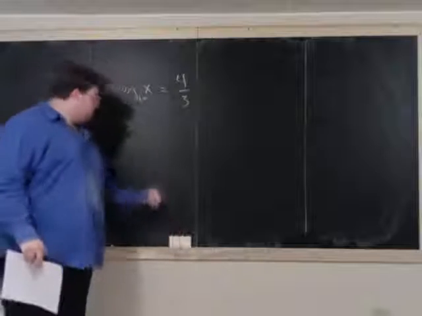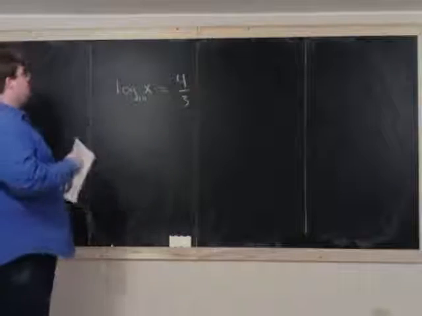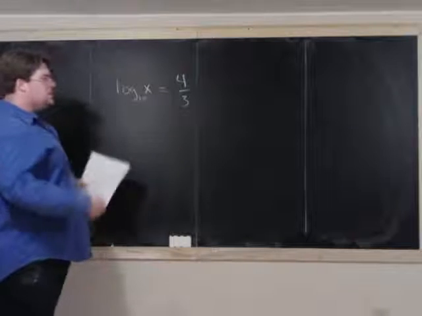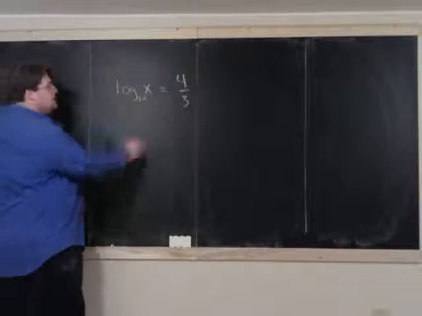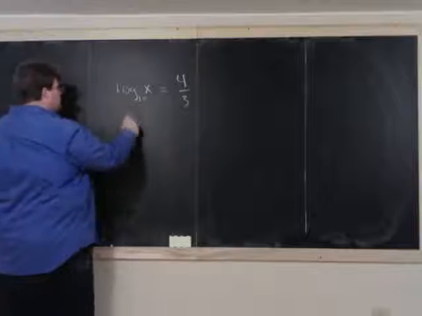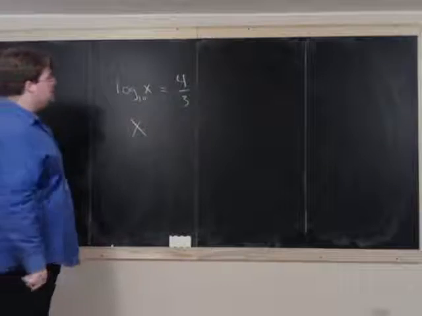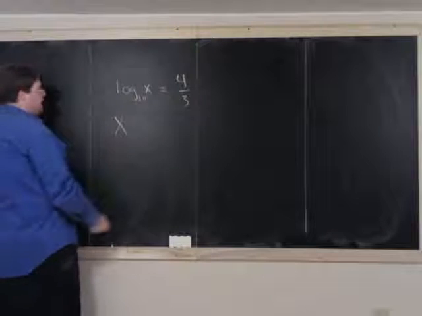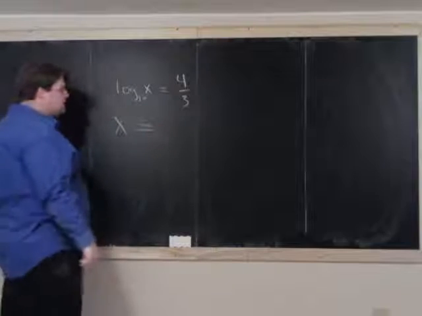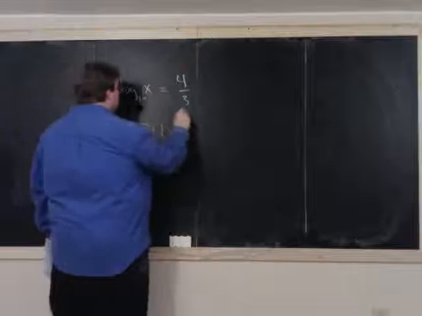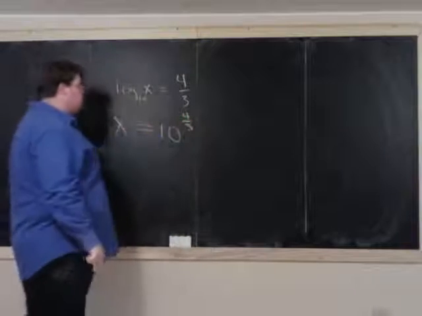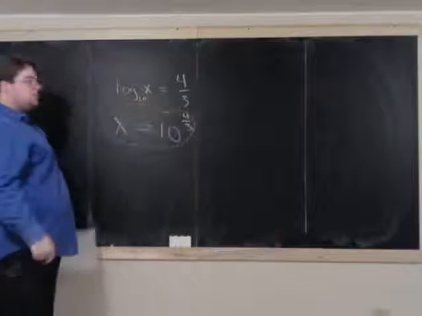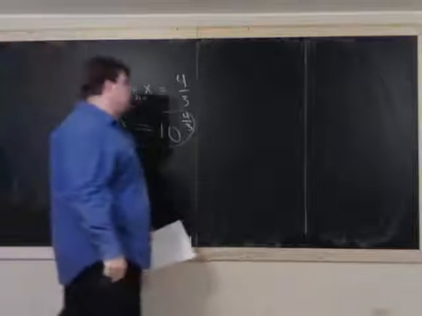Well, it tells us, 10. So take 10 to this left side, take 10 to this right side. 10 to the left side, you're just left with x. 10 to the right side is 10 to the 4/3, which is a perfectly fine number.